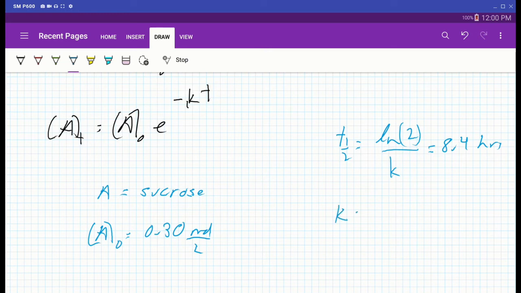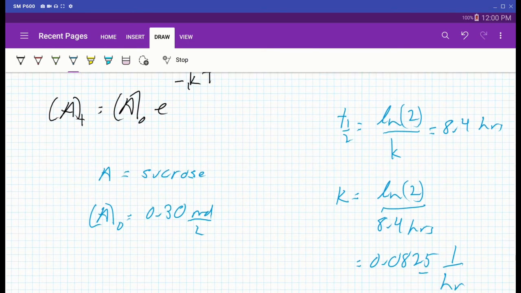So k is equal to natural log of 2 over 8.4 hours, which is 0.0825 per hour. That underlined 5 indicates that it's not significant, but I'm carrying it through my calculations anyways.